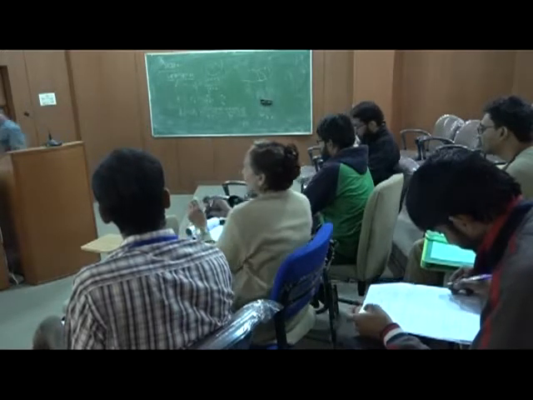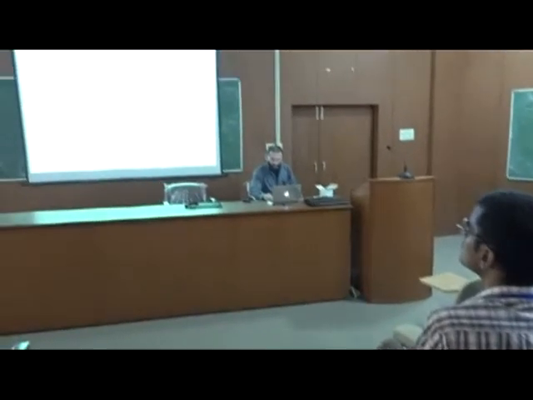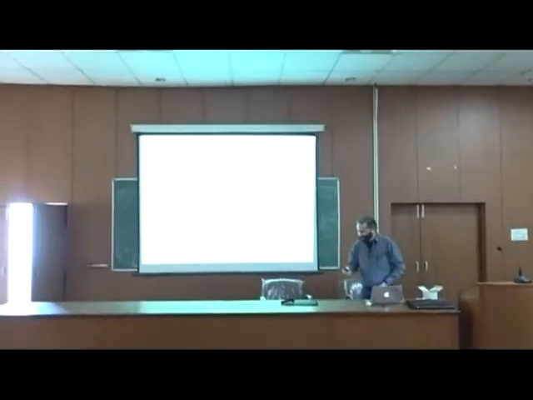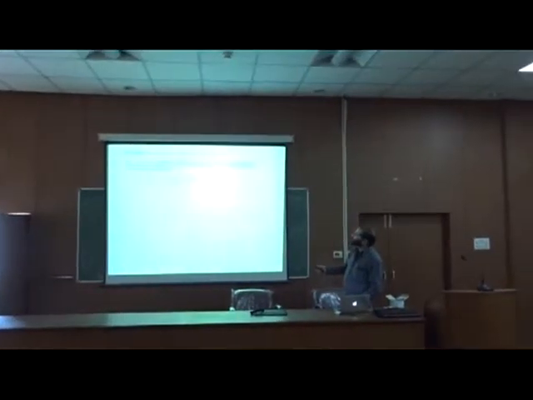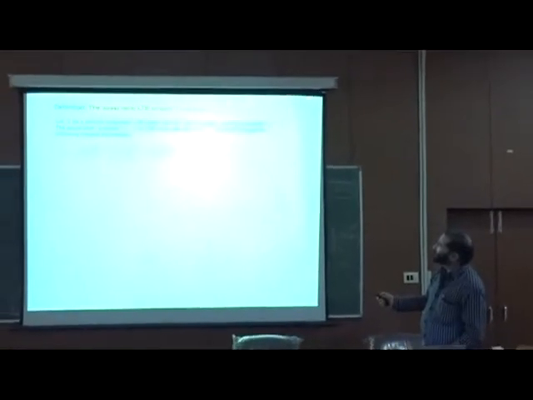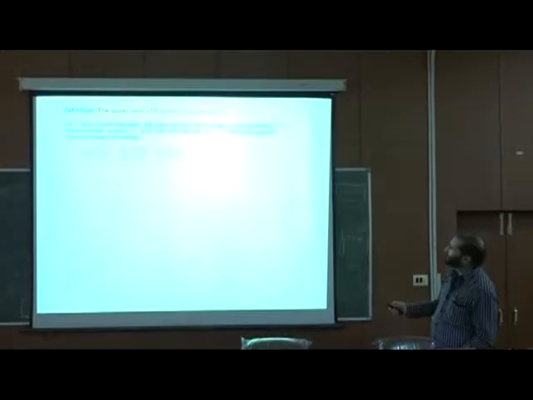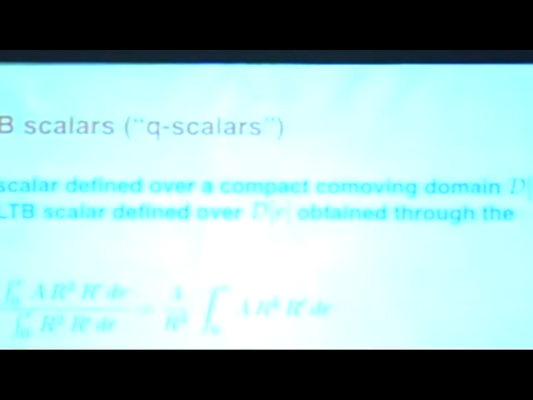Okay? So, definition. Let A be a smooth integral LTV scalar that is defined over a compact comoving domain. The associated Q scalar AQ is an LTV scalar that is defined over the same domain and that is obtained through the following integral distribution.